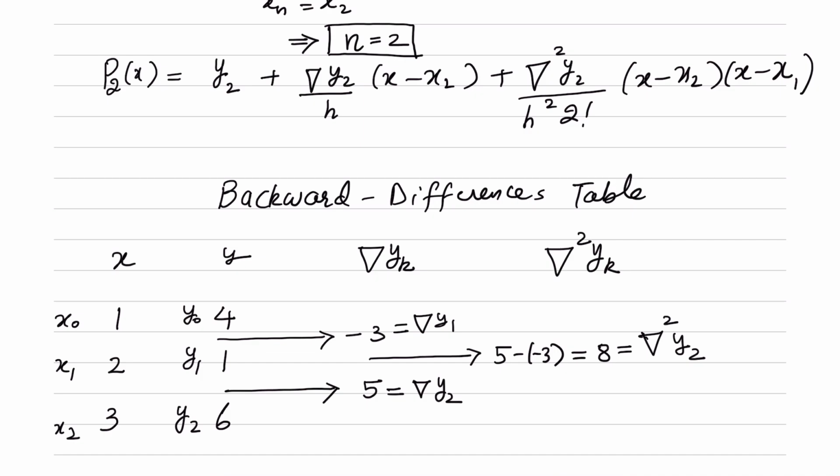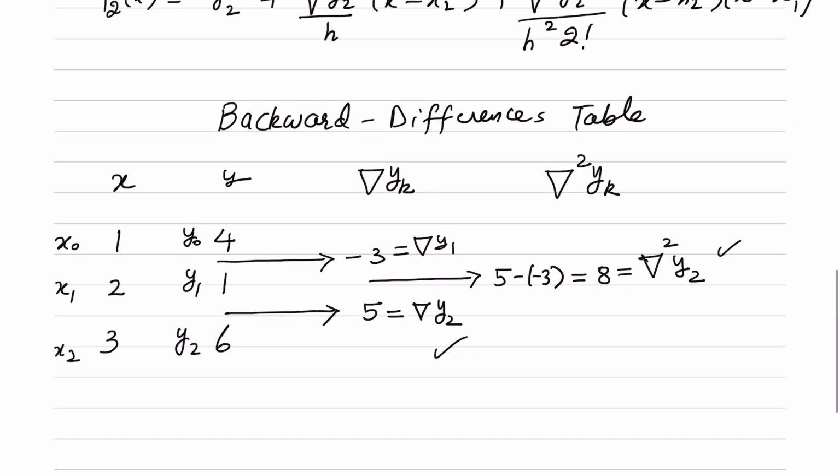Let's plug these differences, more specifically the value of backward y2 and backward square y2, in the polynomial. So we have p2 of x equal to y2, which here is 6, plus backward y2, which is 5, divided by h. h here is from the x values. The difference between 1 and 2, 2 minus 1, is 1.